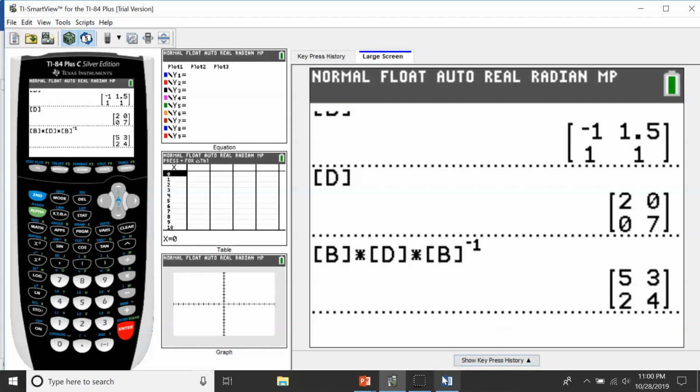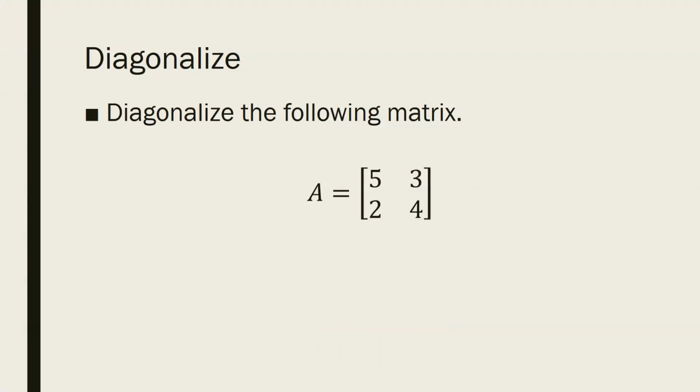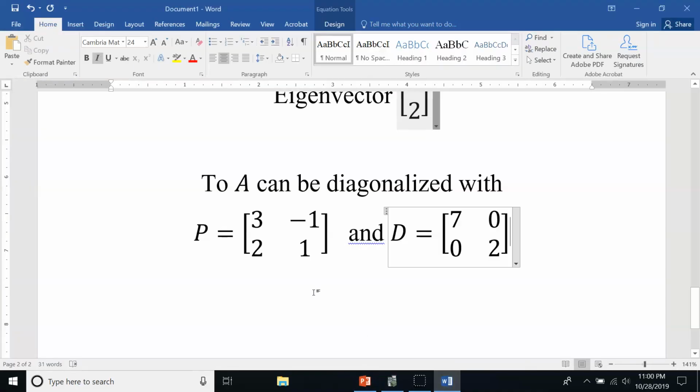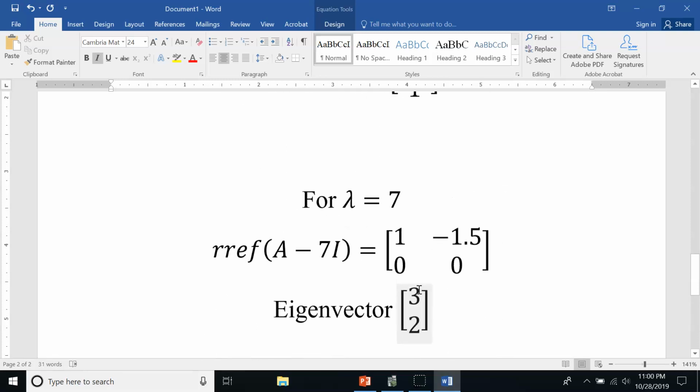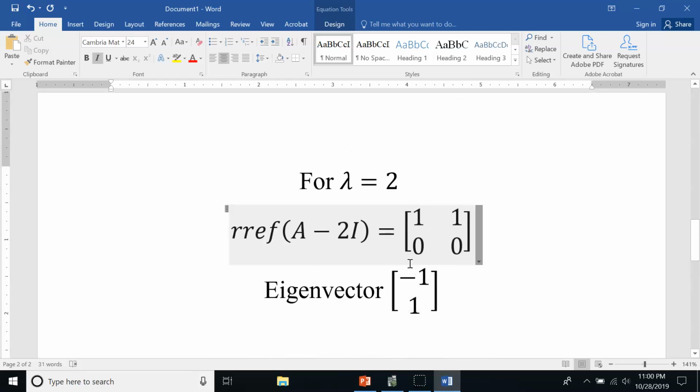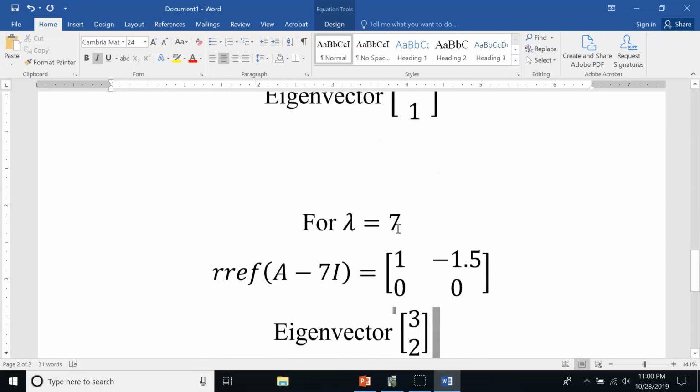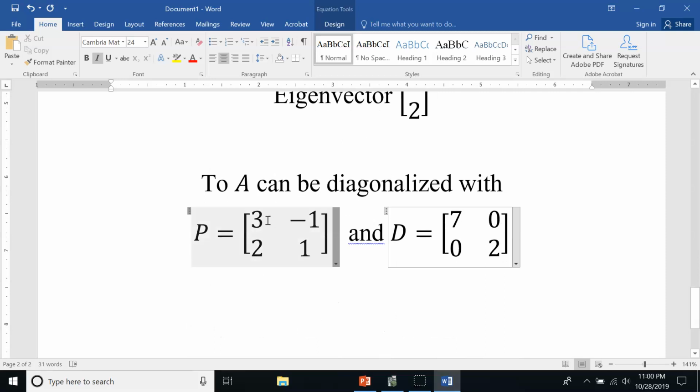Okay? So as long as you choose an eigenvector and an eigenvalue, your P, just put 1 in each column.